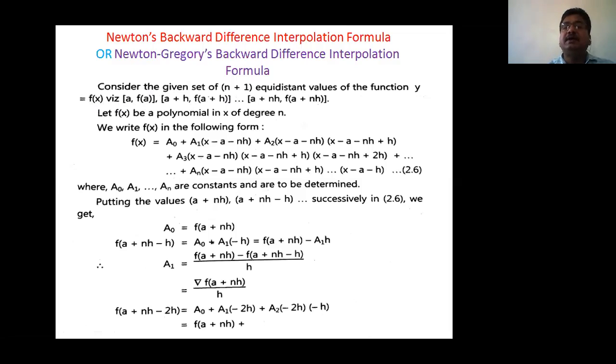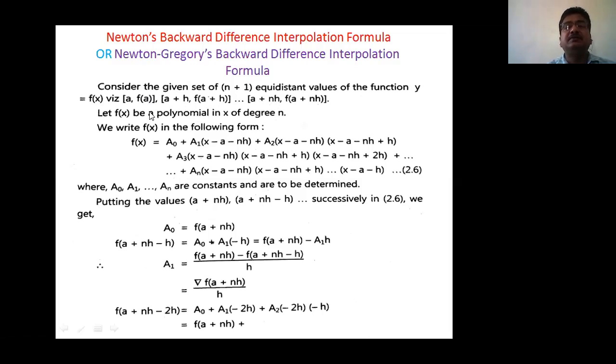Take the n plus 1 equidistant values. Why are these values equidistant? Because a plus h, a plus 2h, a plus 3h, the distance is h, and the corresponding values of the function y equal to f(x) are f of a, f of a plus h, up to f of a plus nh.